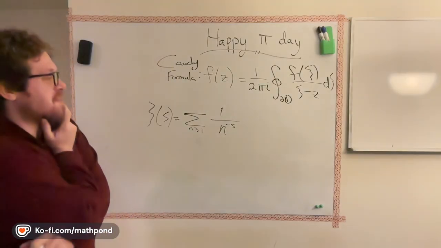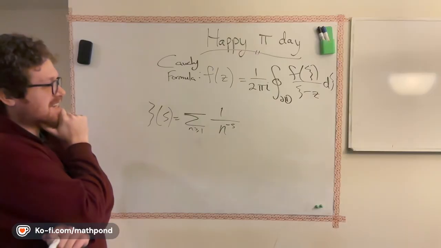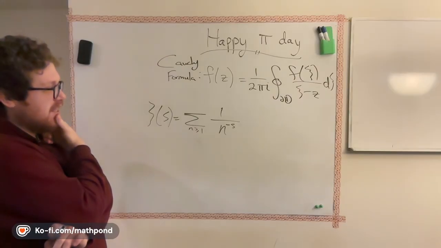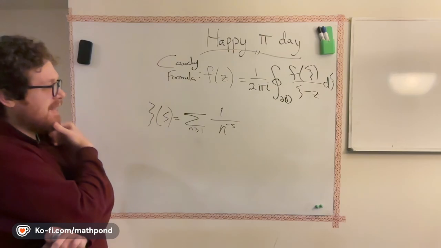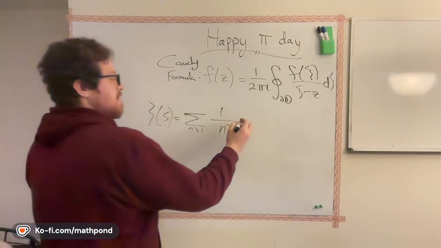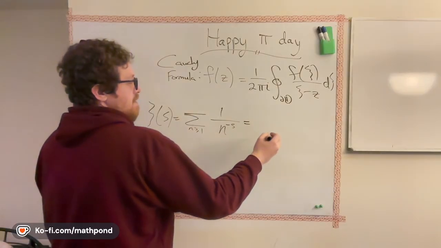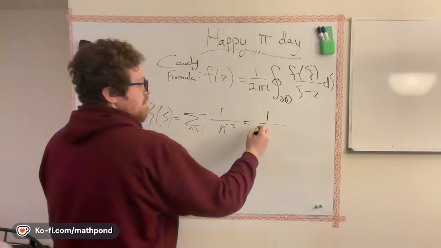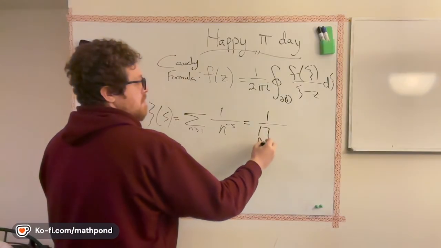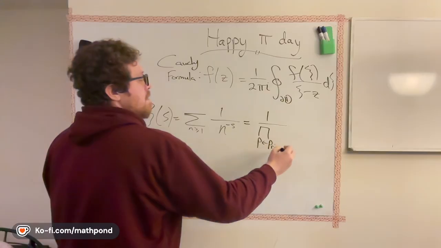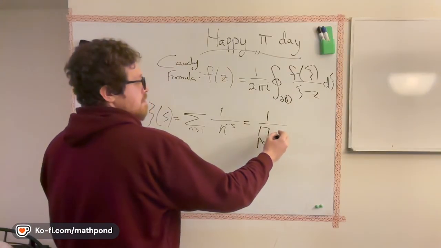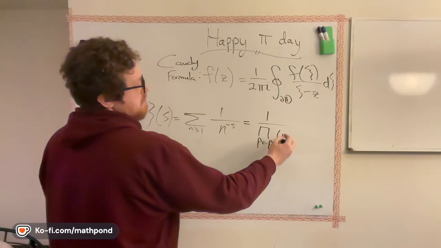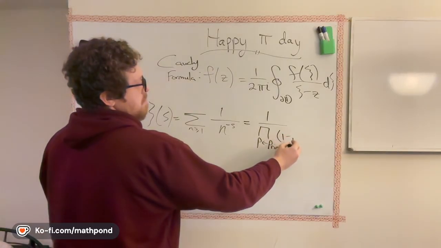So you want me to take the derivative at 0? That's kind of difficult. I feel like I remember how to do it, I just don't remember it off the top of my head. What's this Euler formula again? 1 minus p to the s?